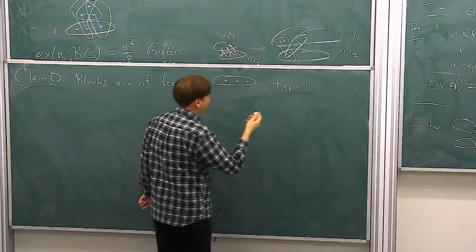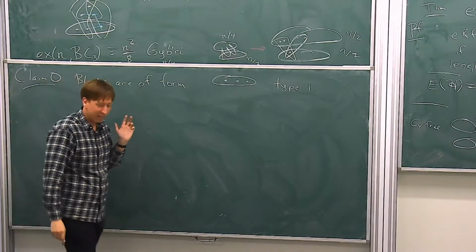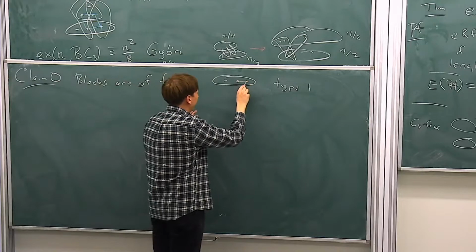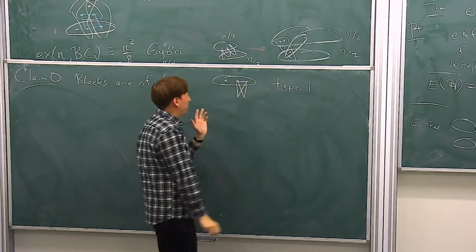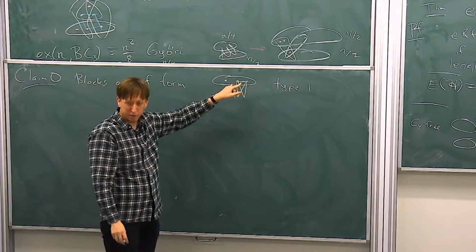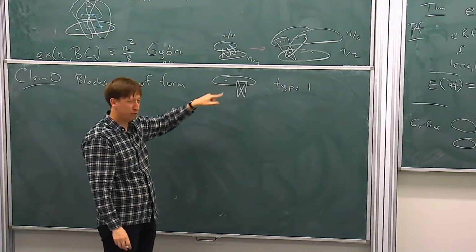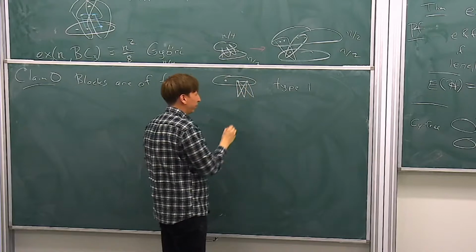It's not complicated actually. Type 1 just means that I have some hyperedge, and there are some other hyperedges hanging off of it, but they only use one pair of vertices here. They don't use two different pairs of vertices. So they all hang off and they go to a new vertex.